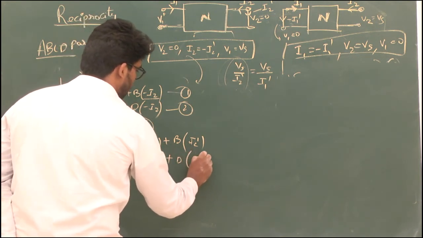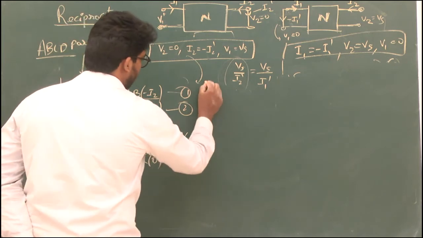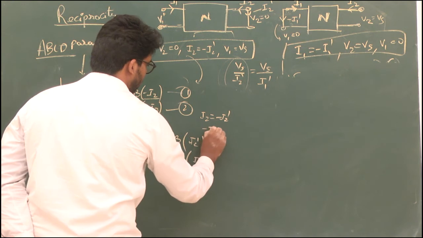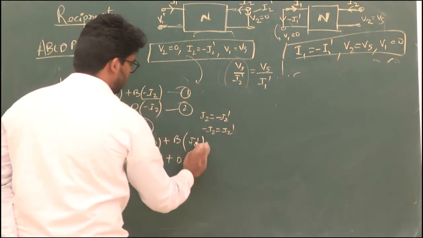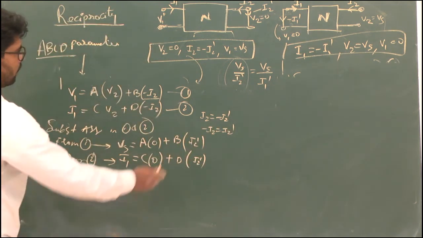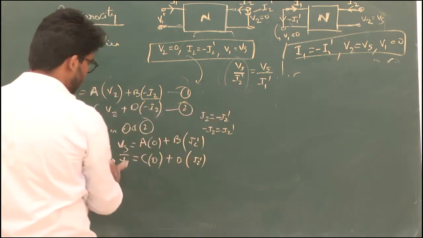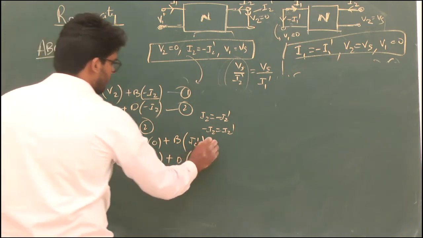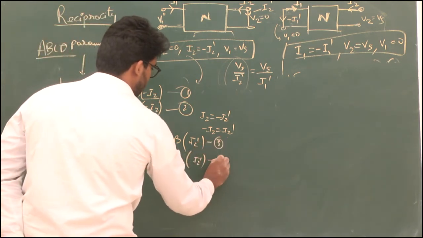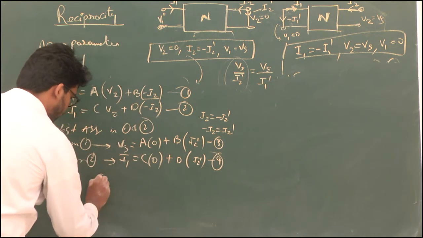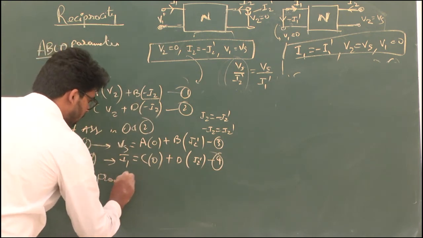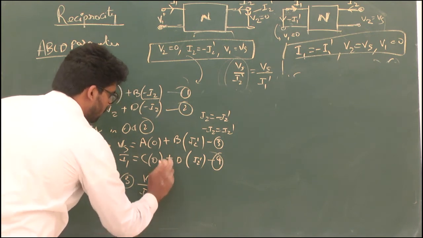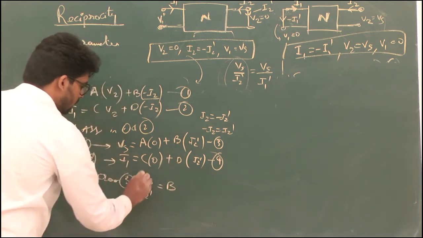So if you have I2 equal to minus I2 dash, minus I2 will be equal to I2 dash. That's why I replaced that. We need Vs by I2 dash form. From equations 3 and 4, you have Vs by I2 dash as B. Keep this aside.